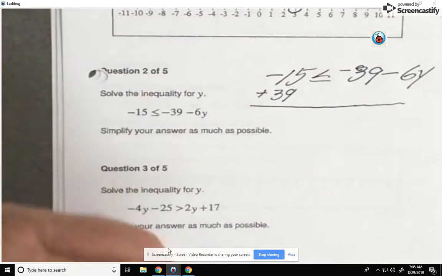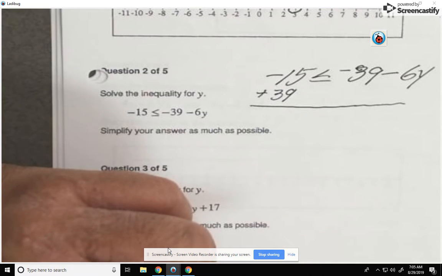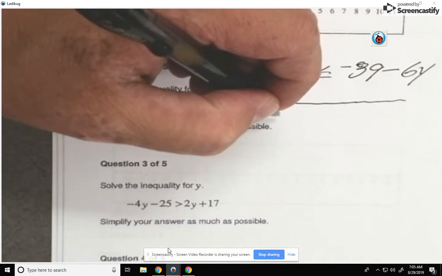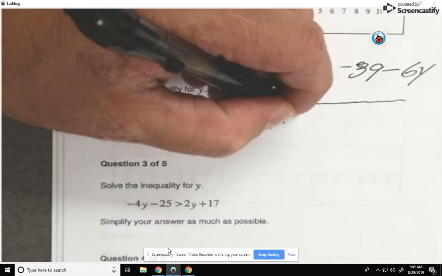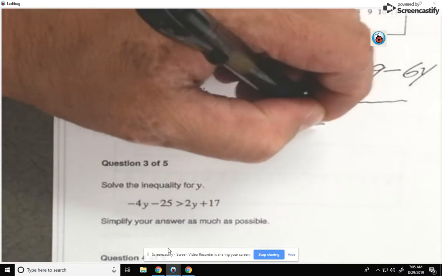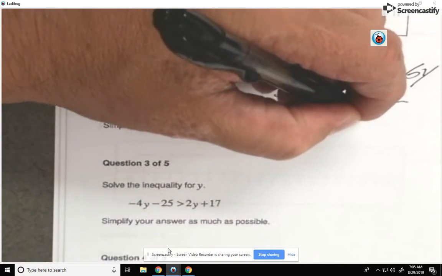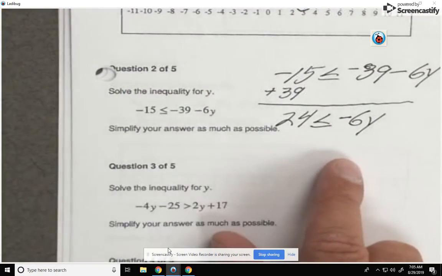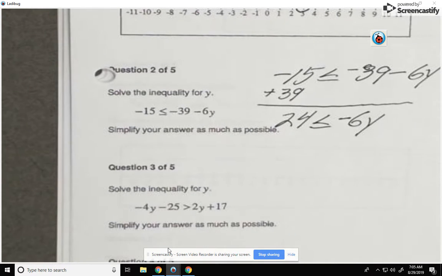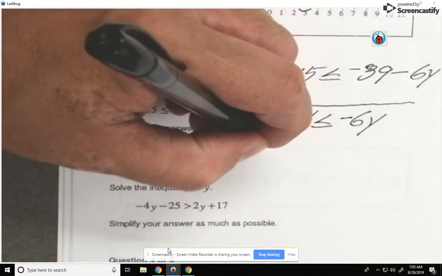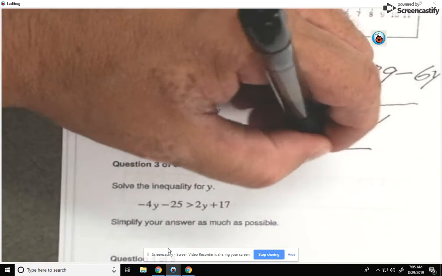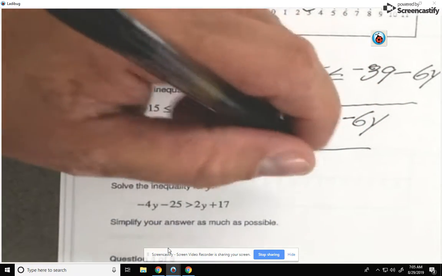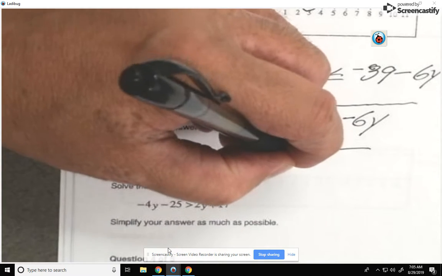Okay, so 15 plus 39 gives me 24. Okay, and at this point, we know we divide through by our negative 6. So 24 divided by negative 6 is negative 4.